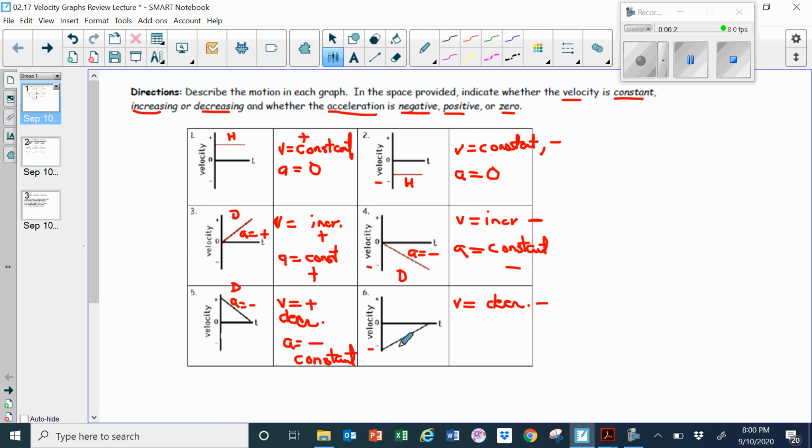Now the slope of this line is positive. Notice that? So the acceleration is going to be positive, and this is a diagonal. The slope of this is positive and constant, so the acceleration is constant and it's positive.